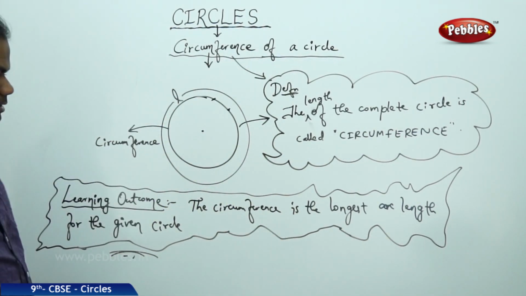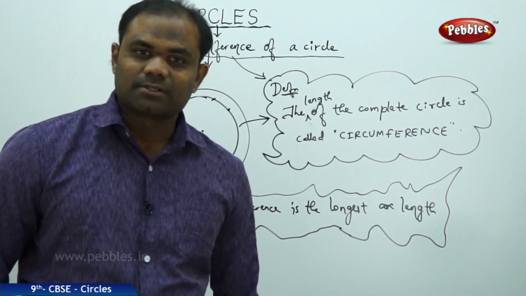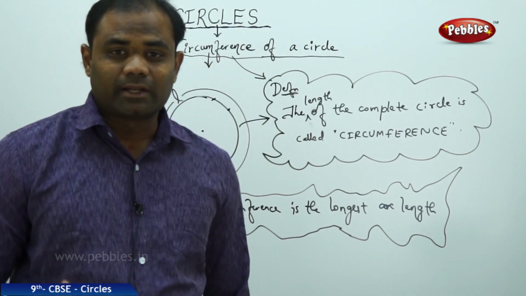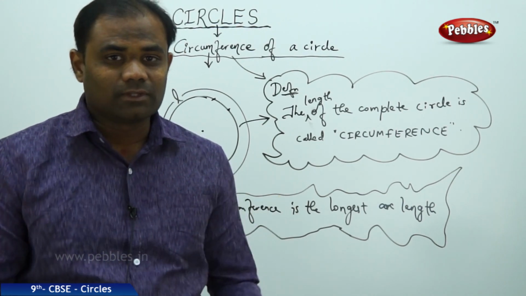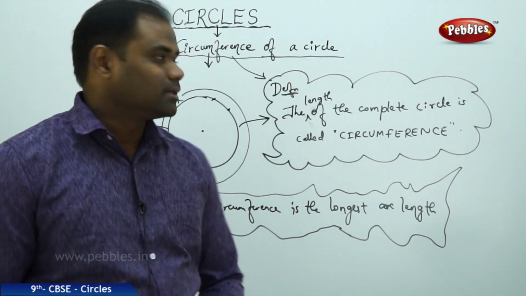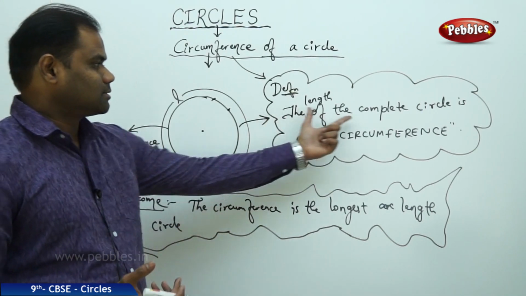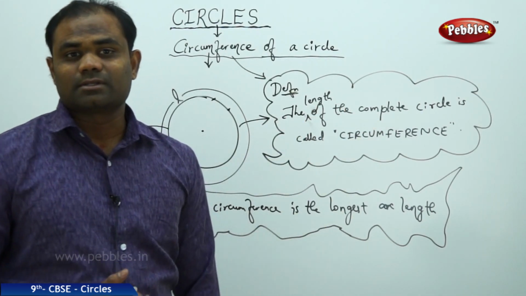That is how I understand the circumference connected with arc length. The longest arc length for the circle is defined as the circumference for the complete circle.